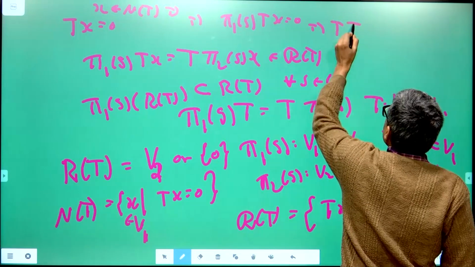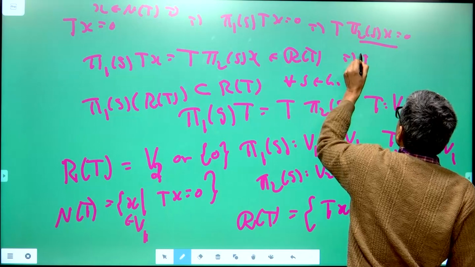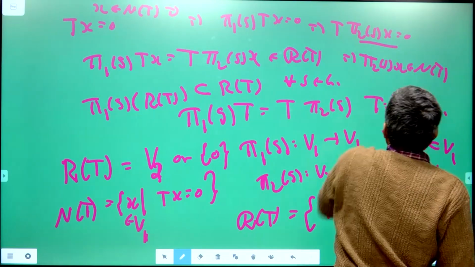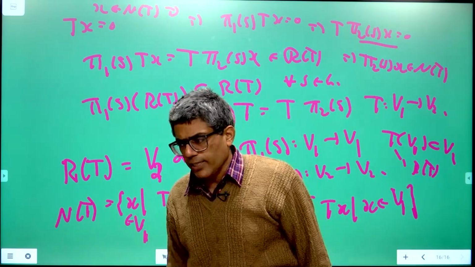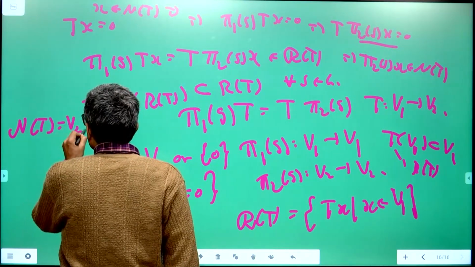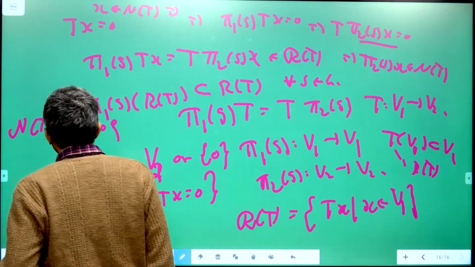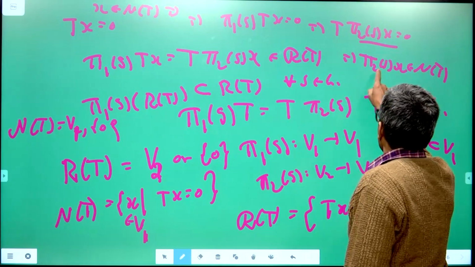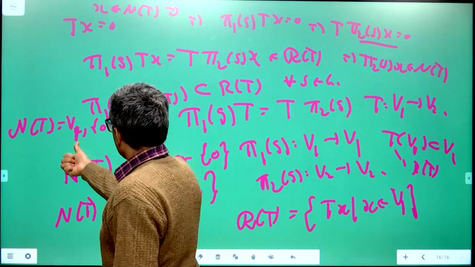So this will imply that T acting on pi 2(g) x is equal to 0, which will imply that pi 2(g) x belongs to the null space of T. That means the null space of T is left invariant by pi 2, but since pi 2 is again irreducible, it will imply that null space of T is either the whole of V1 or 0.